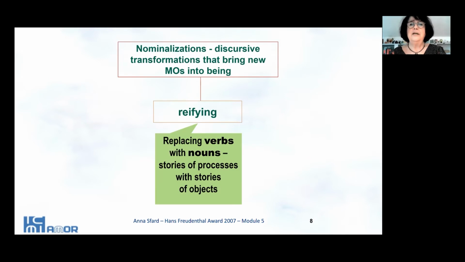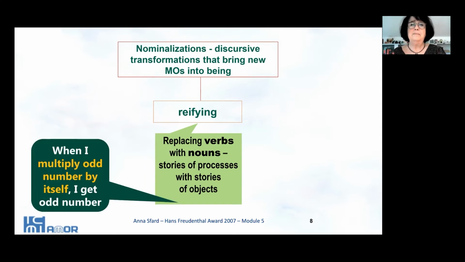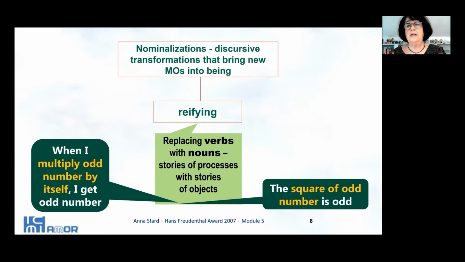Reifying is what I do when instead of speaking about my own action of multiplying, as in the narrative, when I multiplied an odd number by itself, I get an odd number, I can tell a story of an object, of the square of an odd number. Like here, the square of an odd number is odd.